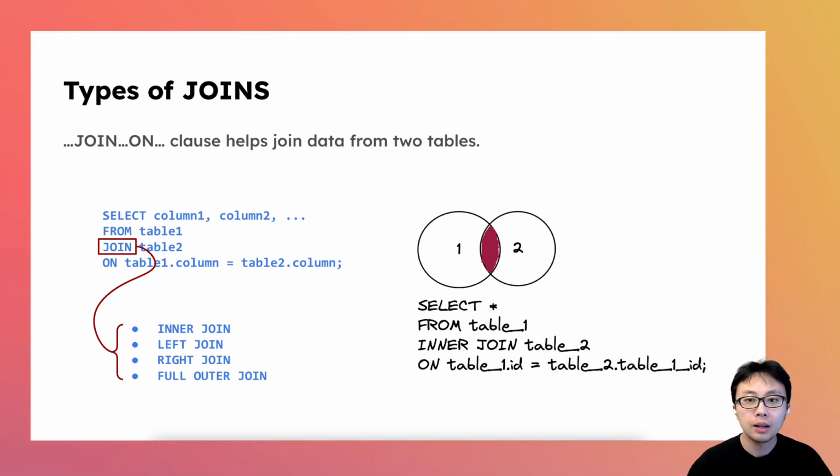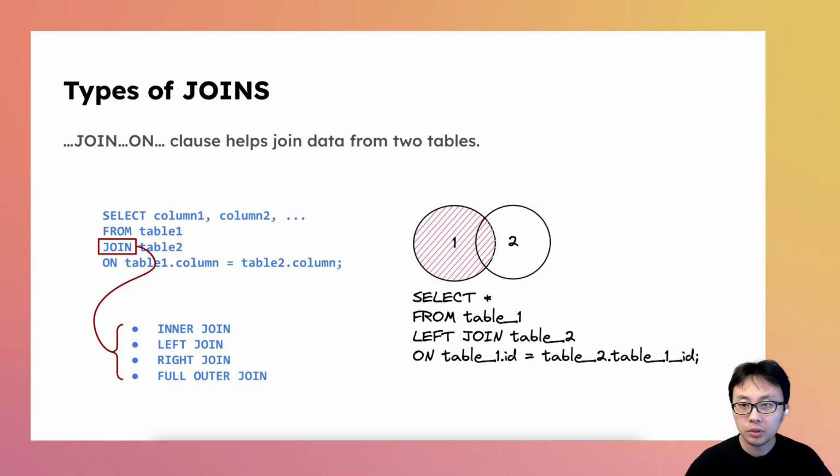The inner join is the same as join and returns only the rows that have matching values in both tables. In contrast, left join returns all the rows from table 1 and the matching rows from table 2. If a row in table 1 has no match in table 2, the result row will include the table 1 record with null values for table 2 columns.